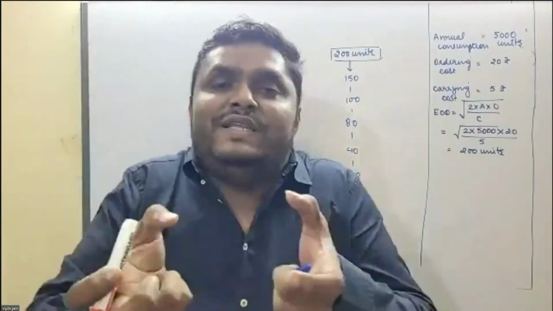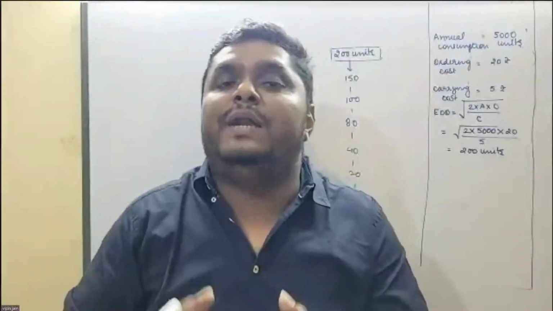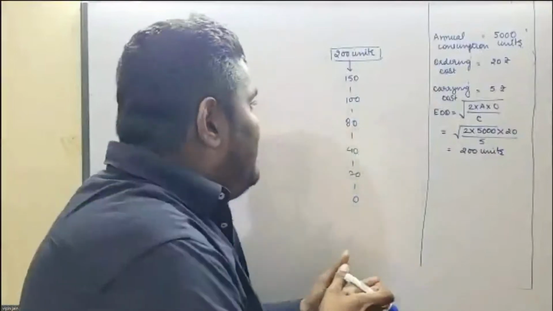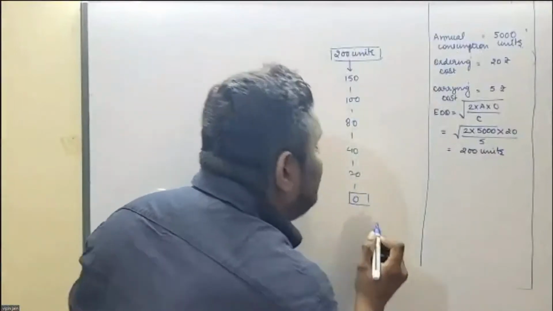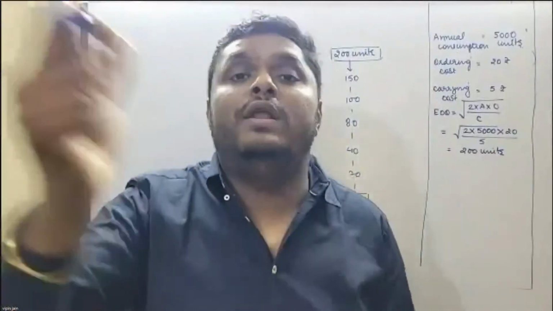So once we receive 200 units, they will be gradually issued to the manufacturing department for processing. So my point is, हम लोगों को वापस ऑर्डर कब करना है?